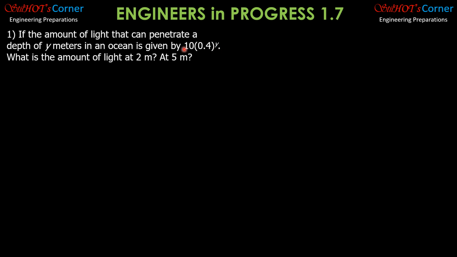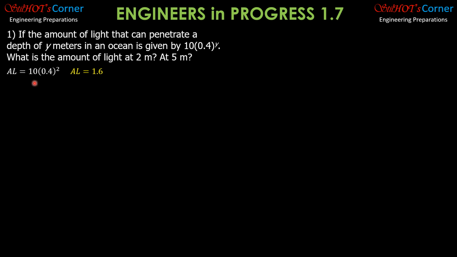The amount of light that can penetrate the depth of 2 meters is, substituted to the formula, 10 times 0.4 squared. So 0.16 times 10 is 1.6.